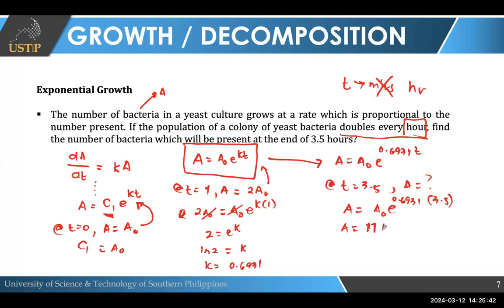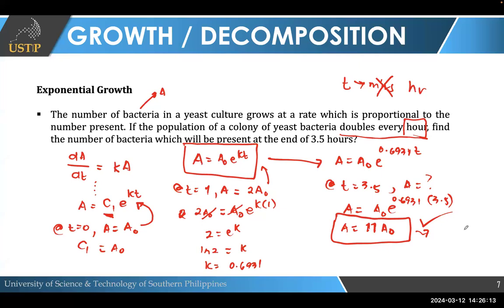So, 11A naught. In terms of A naught, what can we conclude, class? We can say that at the end of 3.5 hours, the number of bacteria is now 11 times the initial value. Okay, that's how you make a conclusion. Since no value was given for your initial value, we express it in its variable. Again, the number of bacteria is 11 times the initial value. So, this is already an accepted answer.